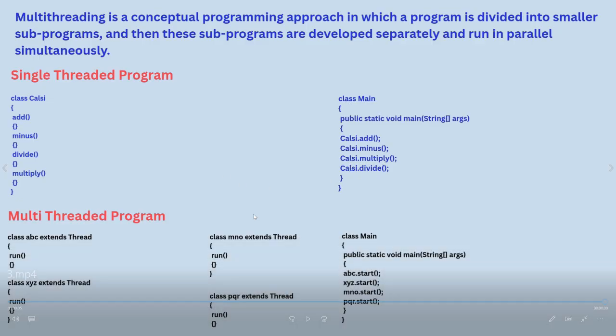In a multi-thread program, class ABC extends Thread, and here I use the run method. Same way, XYZ extends Thread with a public void run method, and class MNO extends Thread, I use the run method. In the main class I write the main method, that is public static void main(String[] args), and then I write the class or object dot start.